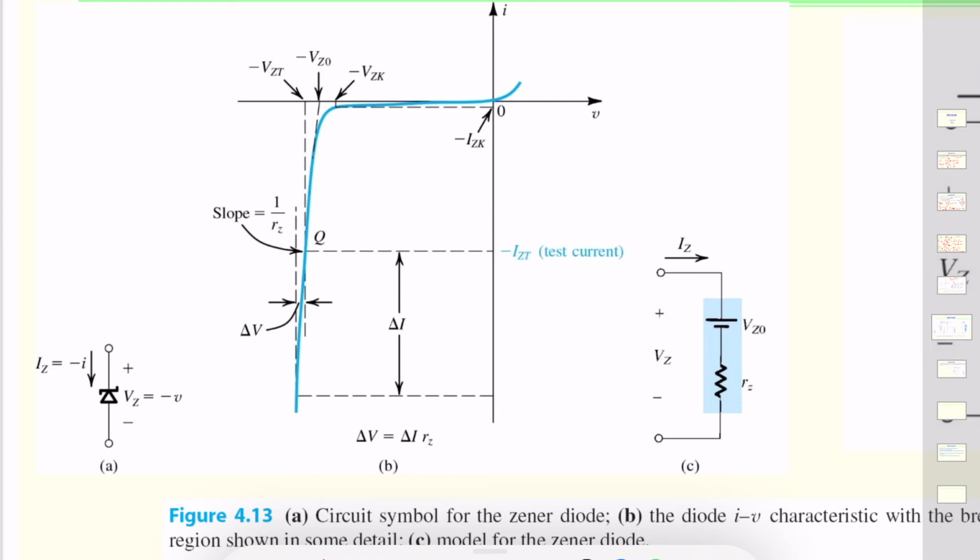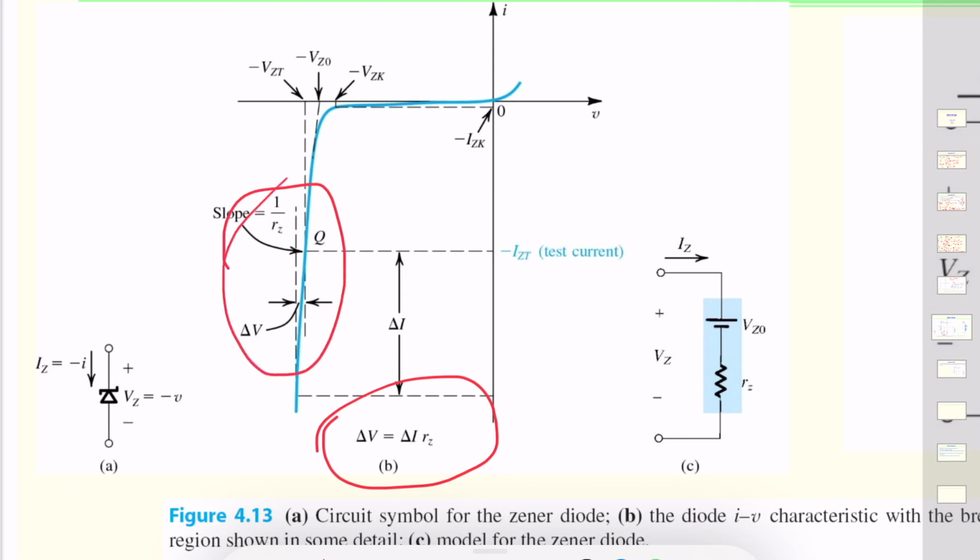As the current through the Zener changes from a value, that results in a relationship where the Zener voltage also changes by some signal. Let's say the current is changing by delta I, then the voltage changes by delta V. This is a very important relationship, because here we are using RZ, which is the slope of the almost linear IV curve at the Q point.